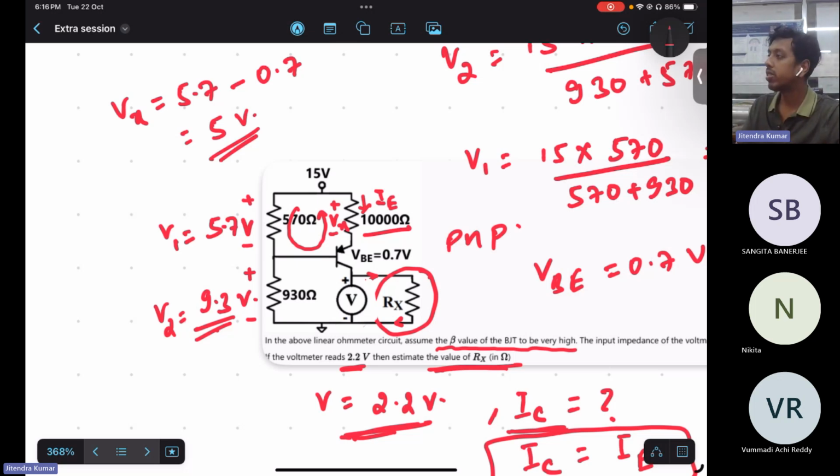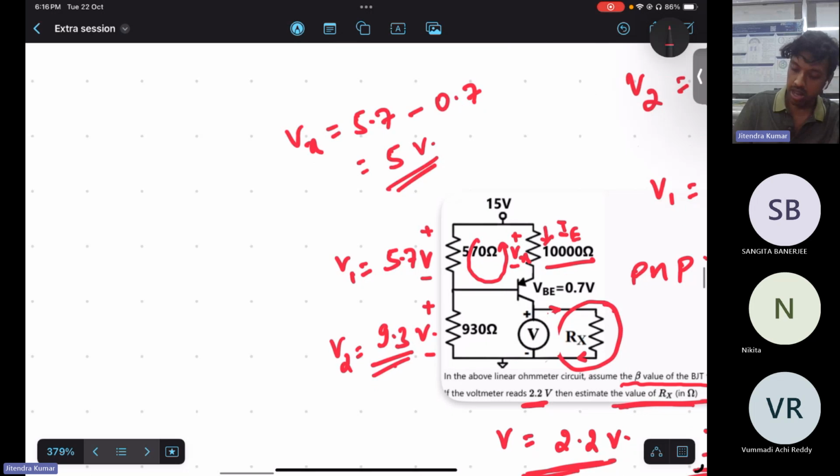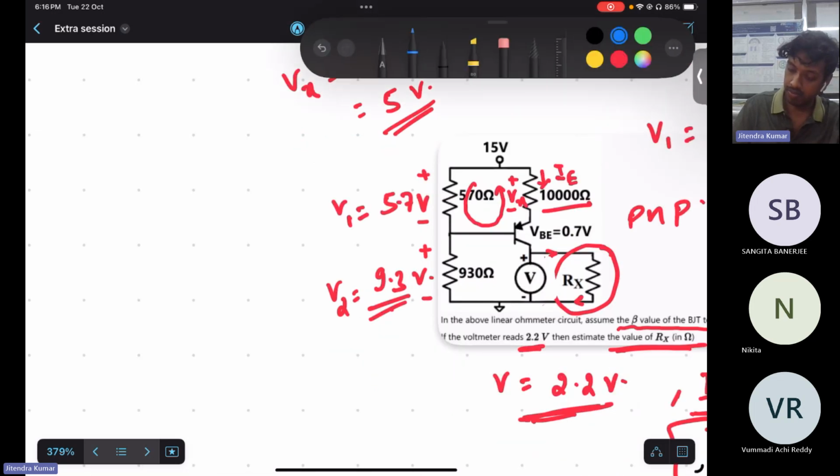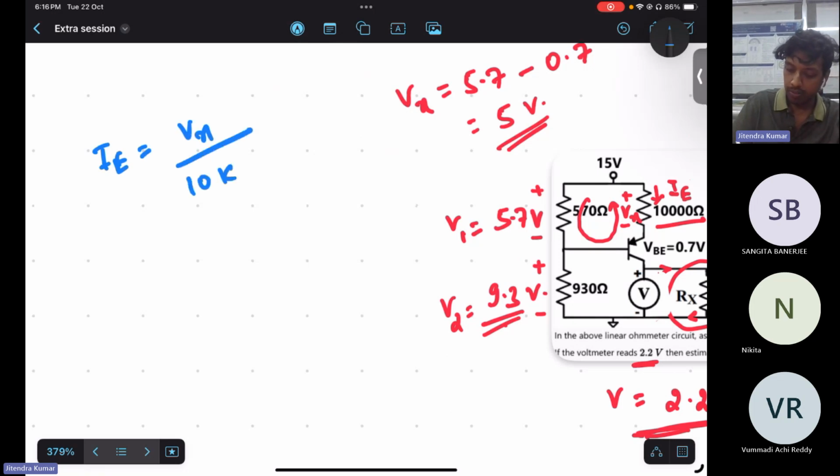Are you following till now, Sangeeta? Yes, sir. Okay, so that is 5 volt. Now we have calculated this voltage. If we divide it by the 10,000 ohm resistor, that will be our IE current, right? So IE will be nothing but Vx divided by 10 kilo ohm.